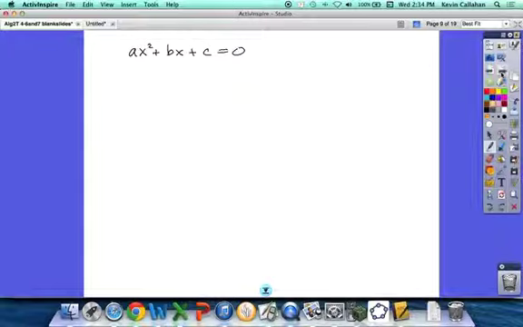But if you remember, when we had to solve the quadratic equation where we didn't have a 1 there, the first thing we did was we moved the constant to the other side, and we factored that number from the first two terms, right? That was 2 slides ago. So this is what that would look like. A times x squared plus b over a x equals negative c.